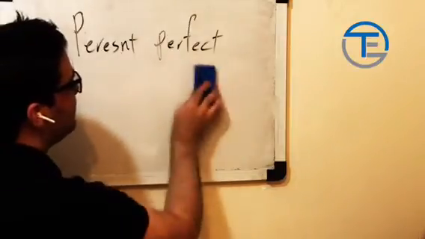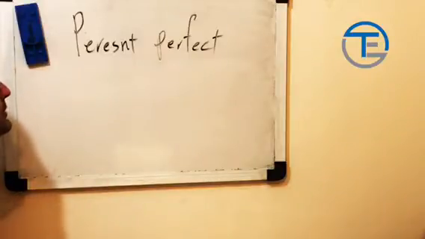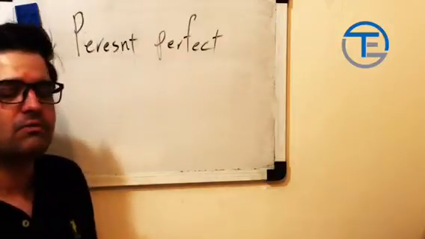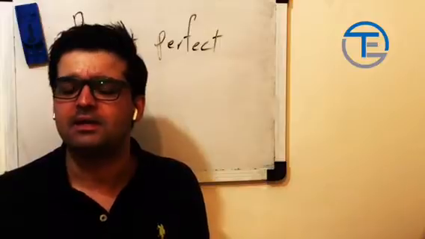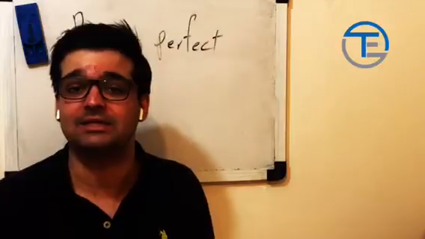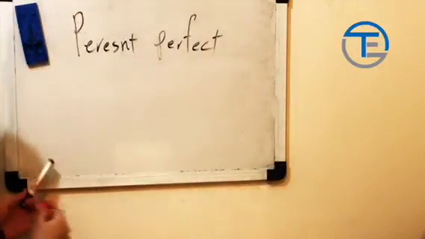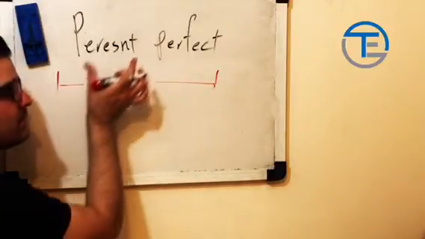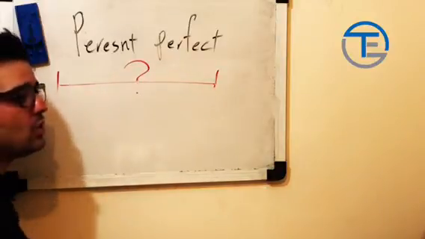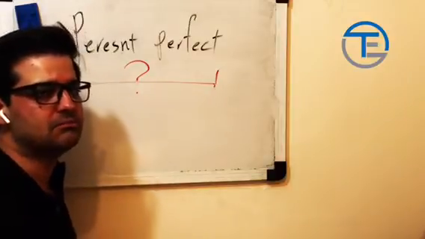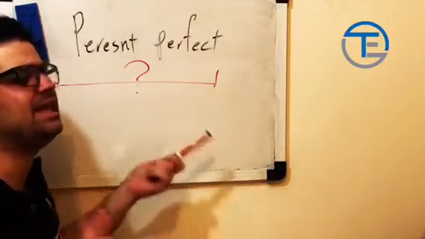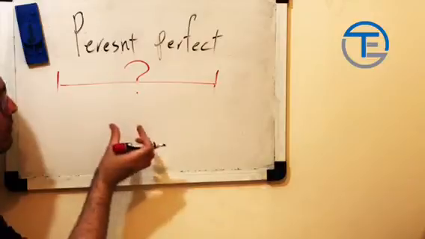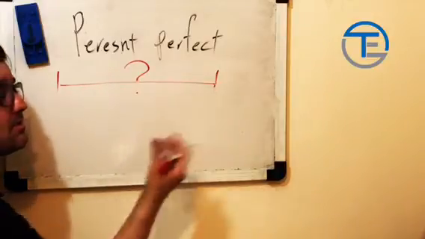Second reason to use present perfect. I've told you something happened in the past, but we don't know exactly about that. The exact time is not indicated. Again we have a time from the past until now. It continues. You can write present perfect, but here we don't know exactly when, what day, what time. It's not clear. You know the form of present perfect: have or has plus past participle.